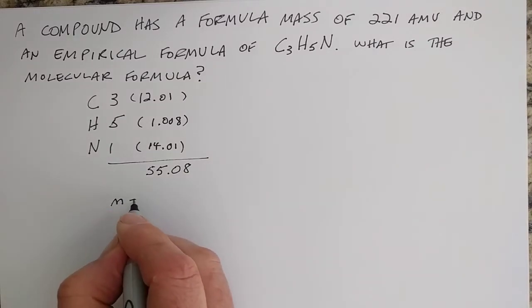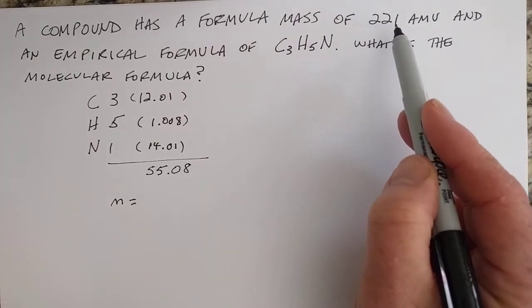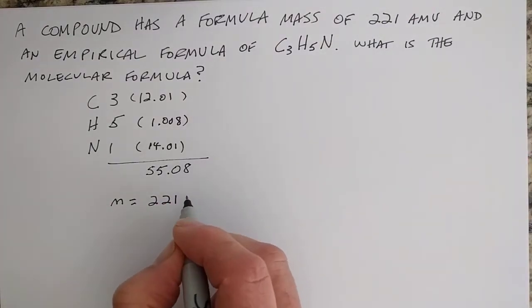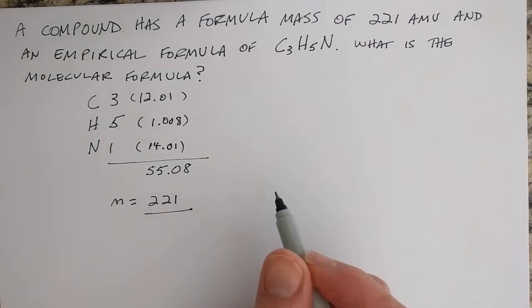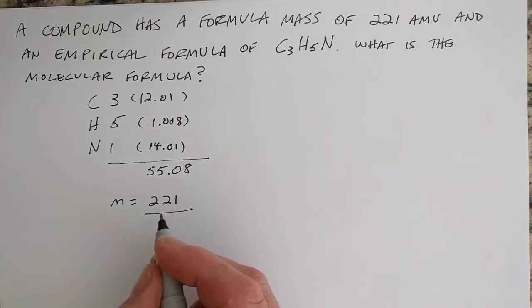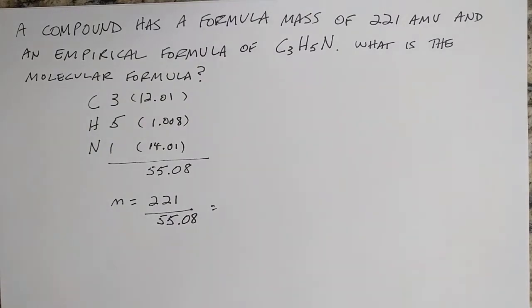All right, now we're going to use that formula. So our N factor equals the formula mass of the compound that we're given in the problem, so 221 atomic mass units, over the empirical formula molar mass, or formula mass, which we just calculated, 55.08. Okay, let's do that calculation. 221 divided by 55.08 equals.